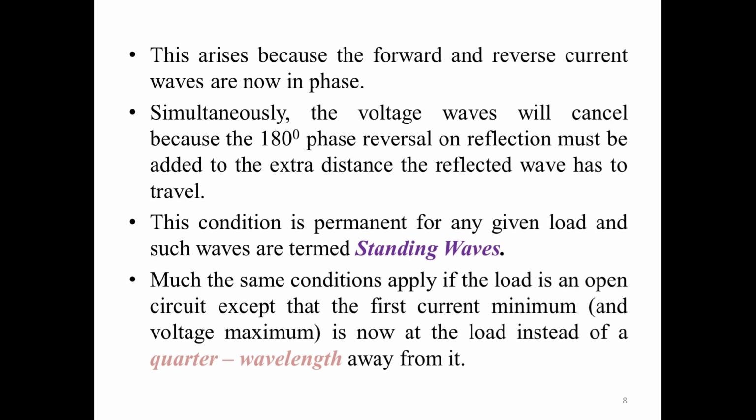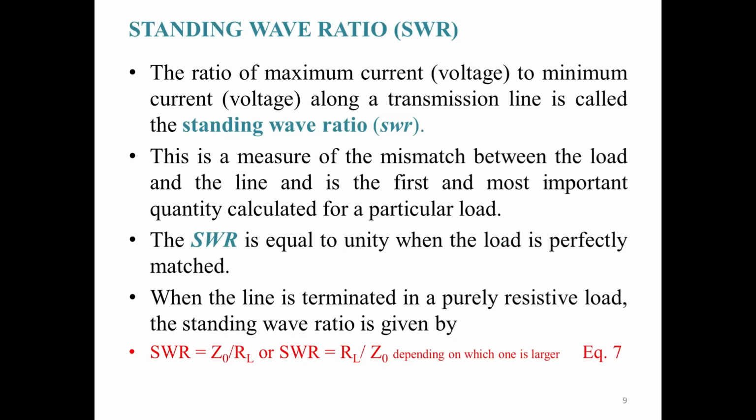Much the same conditions apply if the load is an open circuit, except that the first current minimum and voltage maximum is now at the load instead of a quarter wavelength away from it. Now, this leads us to an important term in considering transmission lines, known as the standing wave ratio.